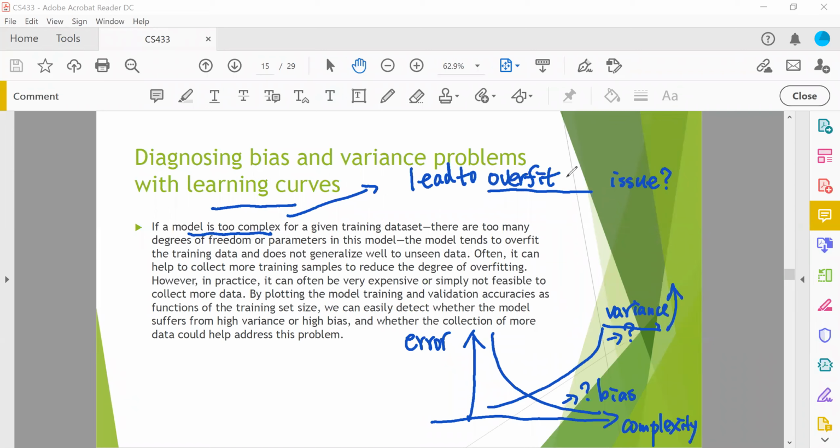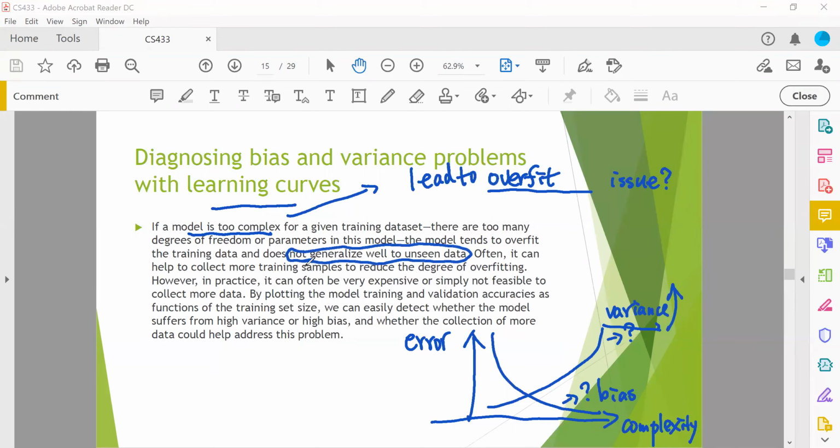Now, keep all of this in mind, okay? It will lead to overfit, because too many degrees of freedom or parameters tend to overfit the training data. Why is variance too high, then it will overfit the training? Because it will not generalize well to unseen data.